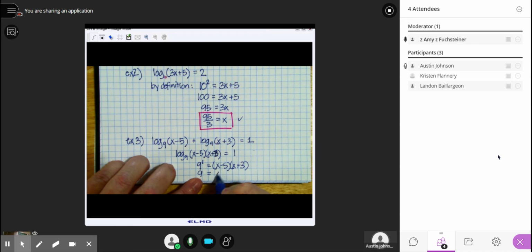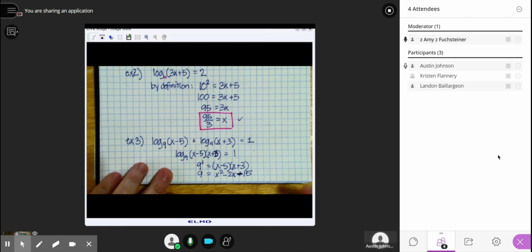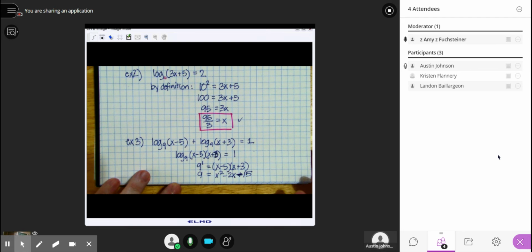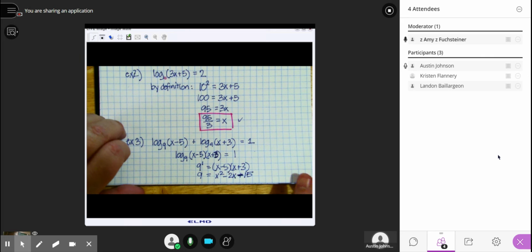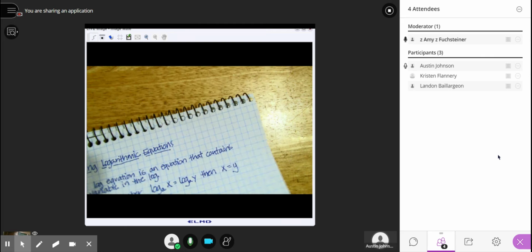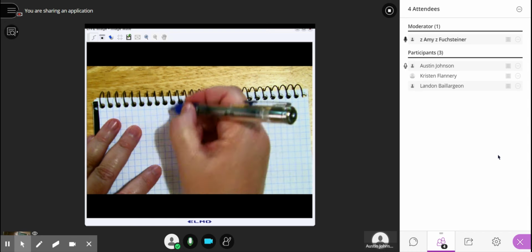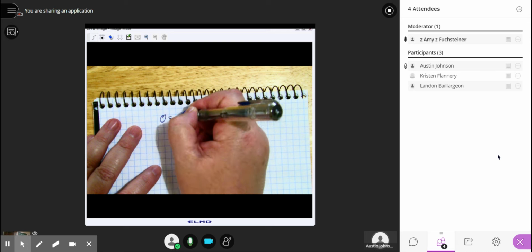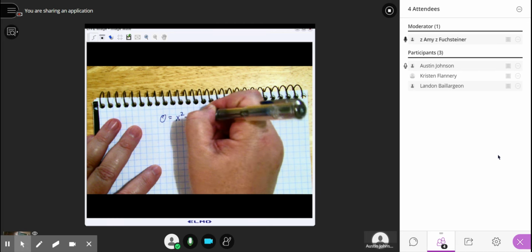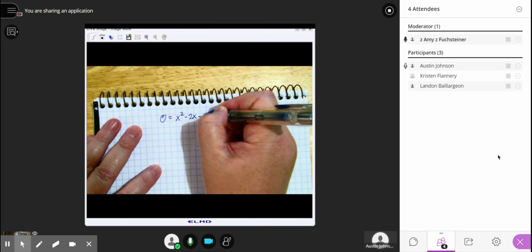So 9 is x squared minus 2x minus 15. If I subtract 9 from both sides, I will have 0 is x squared minus 2x minus 24.